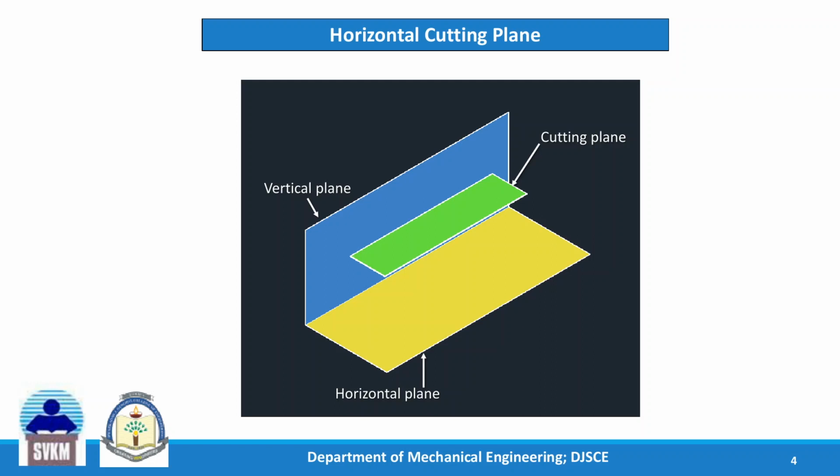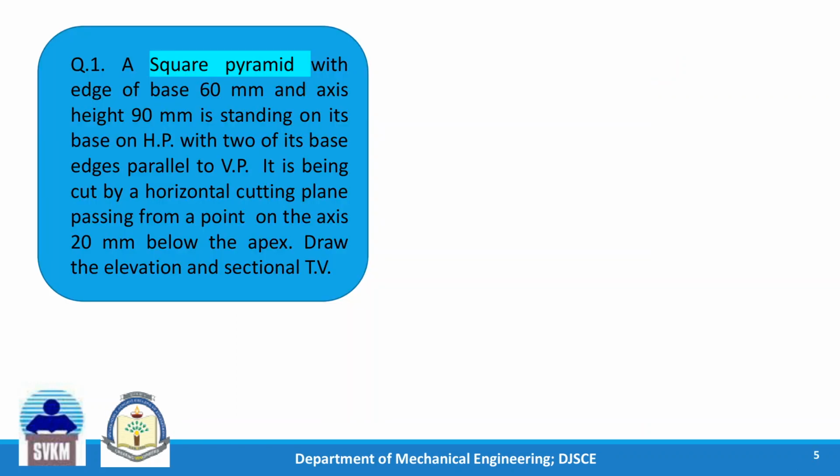We will see the solution of such cases wherein the solid is cut by a horizontal plane. This is also called a horizontal cutting plane, or a cutting plane which is parallel to HP and perpendicular to VP.